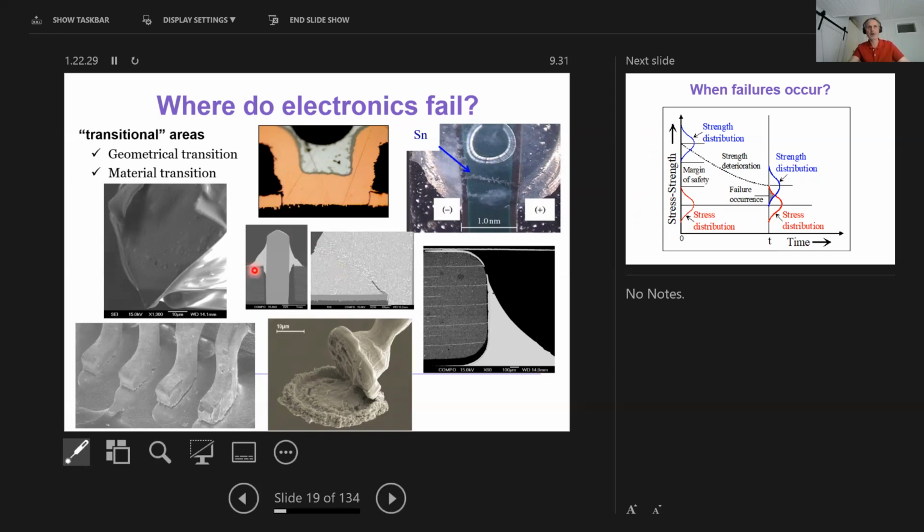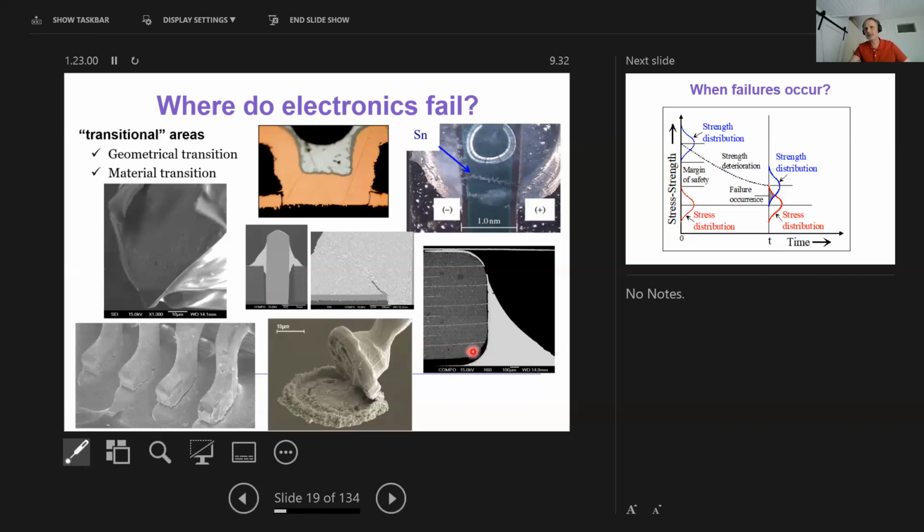Here is a plated through hole solder joint. So this is the printed wiring board, the component lead, and this is our solder material. So the failures have propagated here because of geometrical reasons. And then quite often it is because of material transition, so it's an interface, like here.